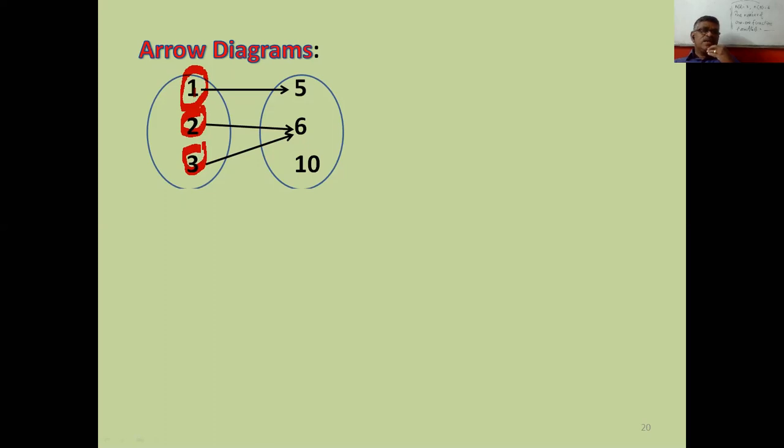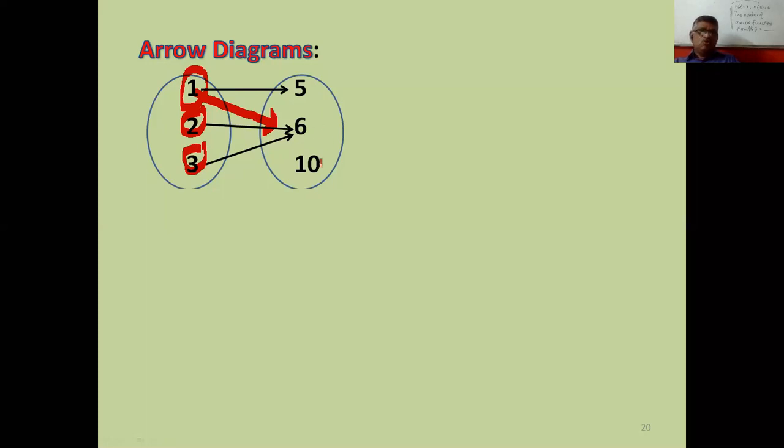If one element itself has two images, suppose 6 is also an image of 1, then it is not a function. If one element has more than one image, it is not a function. Many elements may have the same image. That is what we call many to one.